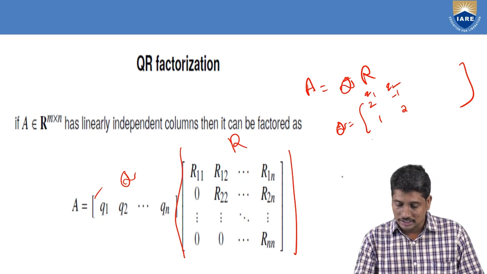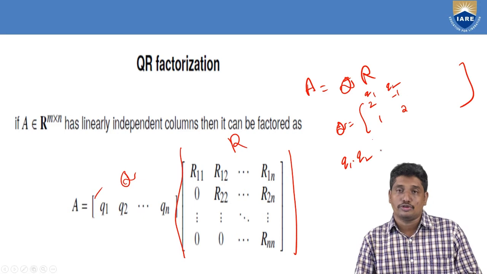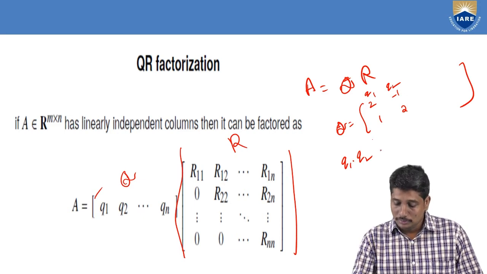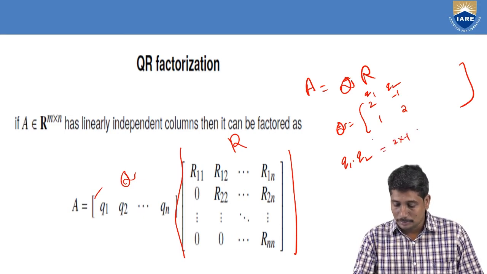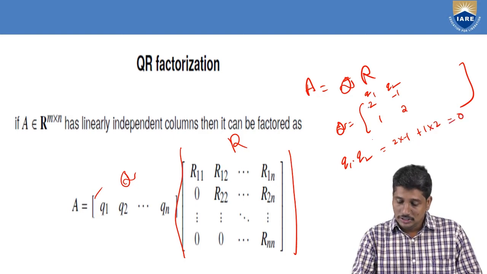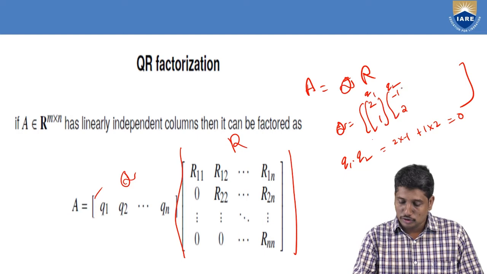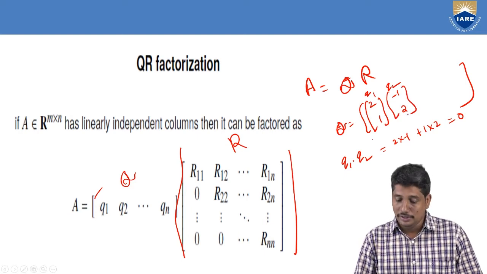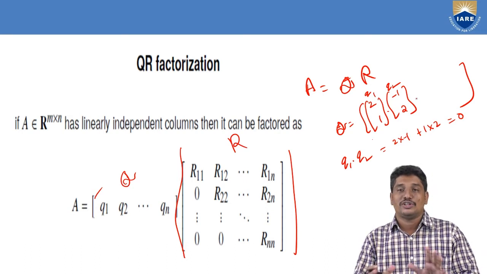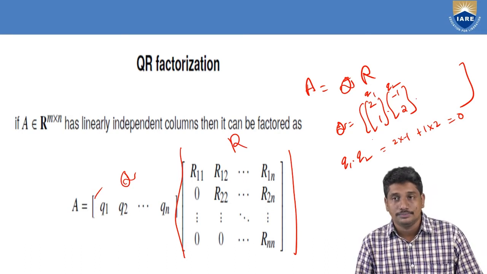Now let us check what happens if we take the dot product of q1 and q2. Then we observe that 2 into minus 1 plus 1 into 2 is equal to 0. That means the first column vector and the second column vector q1 and q2 are orthogonal to each other. That means the dot product is 0.